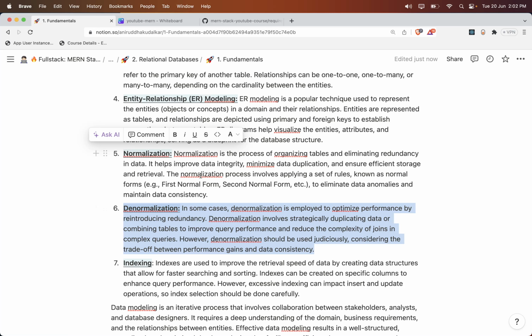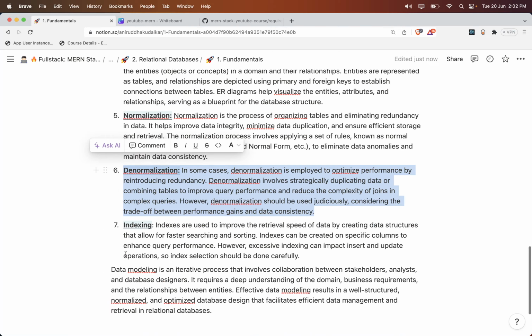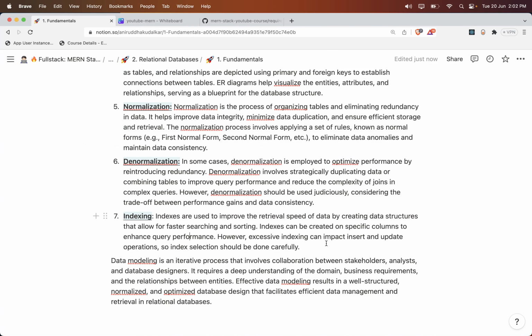Then indexing. Whenever you are searching the data, an index is a particular data structure which allows you faster searching and sorting.